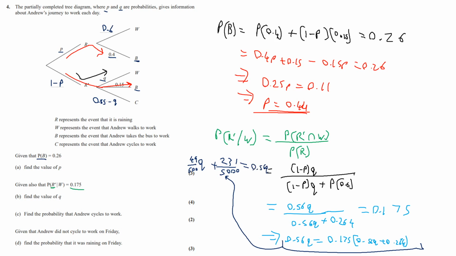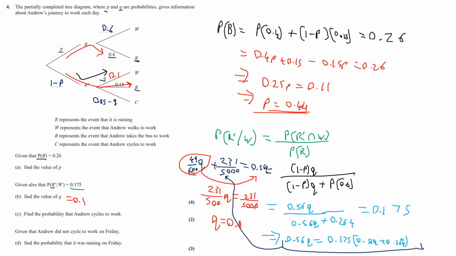So now we can put the Q on the other side. So we're told now that 231 over 500 Q is equal to 231 over 5,000. And so therefore Q has to be equal to 0.1. So now we know what Q is.